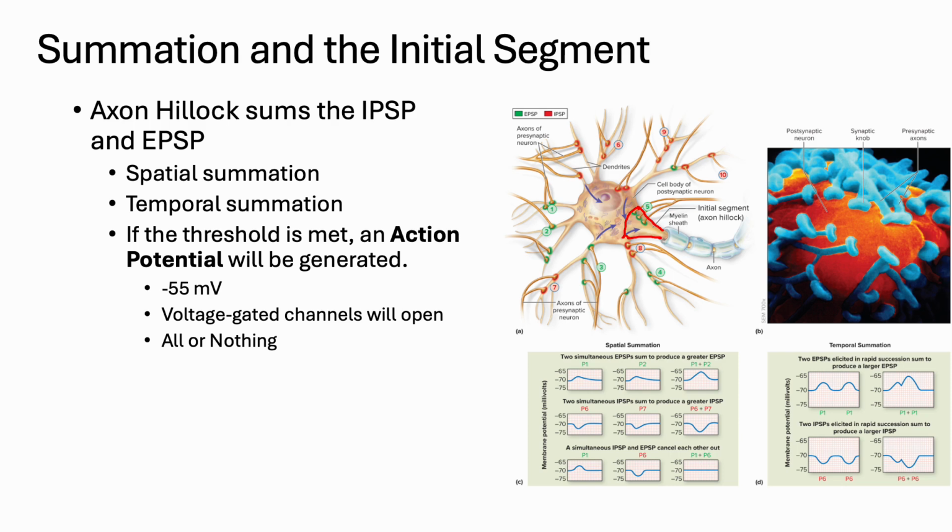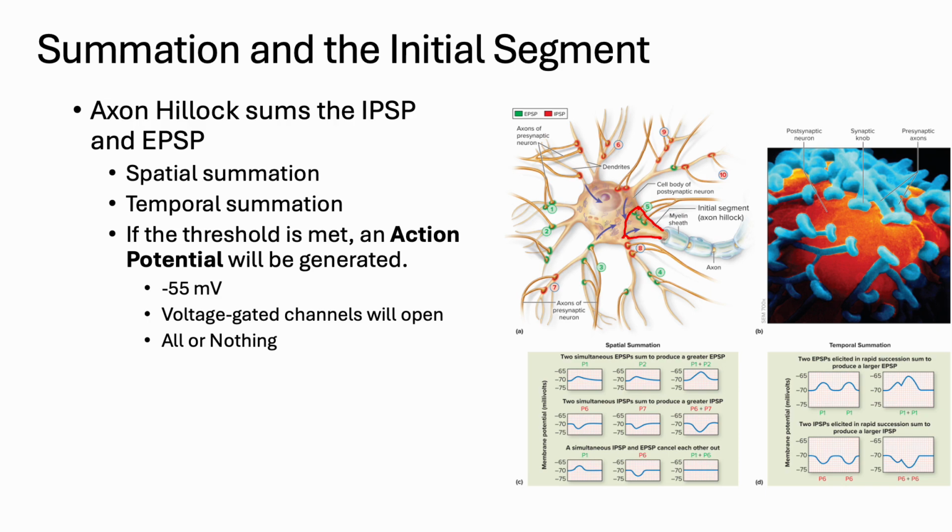Remember, the EPSPs are leading towards depolarization of the membrane, whereas IPSPs are leading towards hyperpolarization. Now, in reality, multiple signals are being received, and it's at the axon hillock that they're summed together.